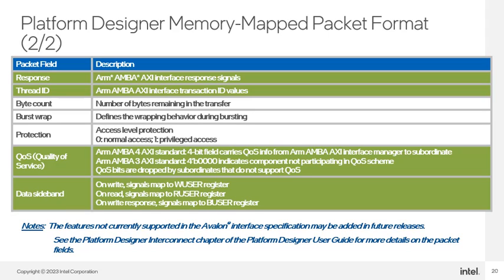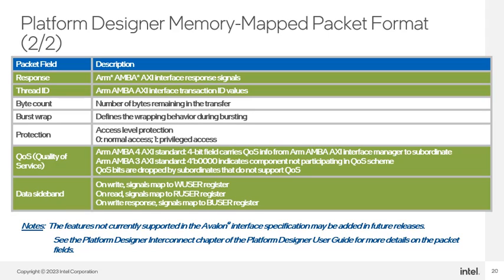Here are the rest of the packet fields. The byte count field contains the total number of bytes in the transfer, while the burst wrap field specifies the wrapping behavior for packets that burst across the packet boundary. The response field is unique to ARM AMBA AXI interfaces and includes the response signal status, required for all transactions on the interface.